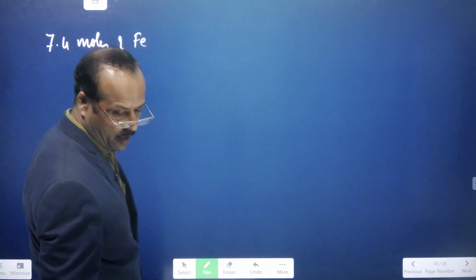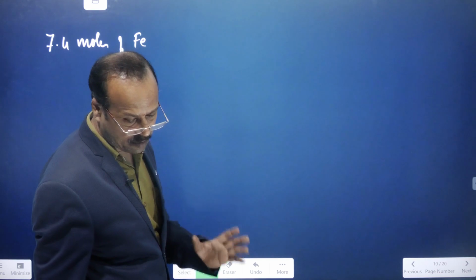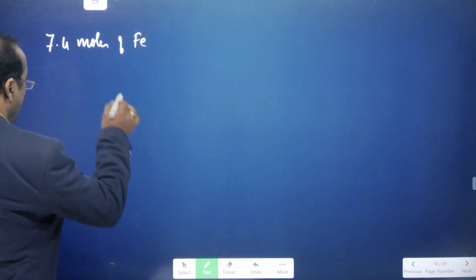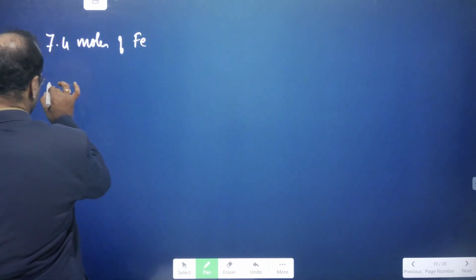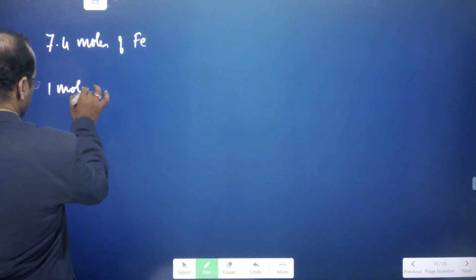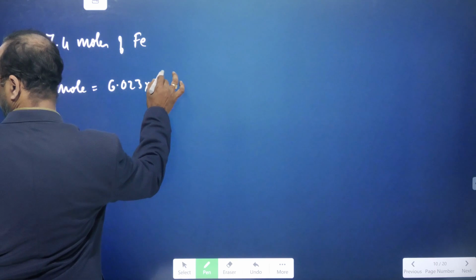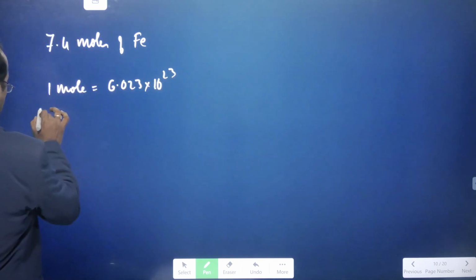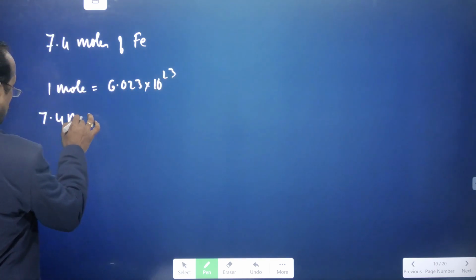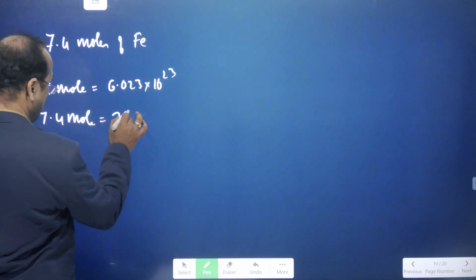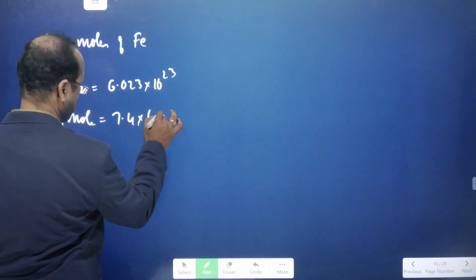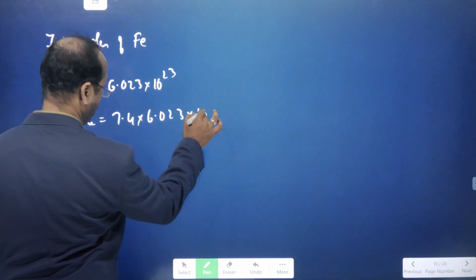So they are asking how many number of atoms will be there. Very simple. 1 mole consists of 6.023 into 10 to the power of 23. But how many moles they are asking? 7.4 moles. That is equal to 7.4 into 6.023 into 10 to the power of 23.